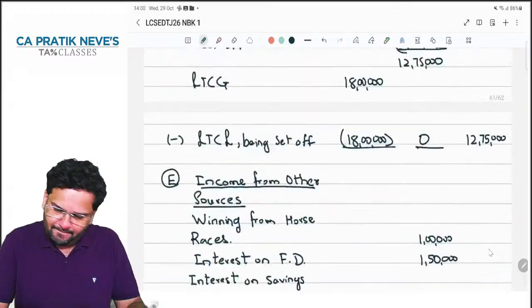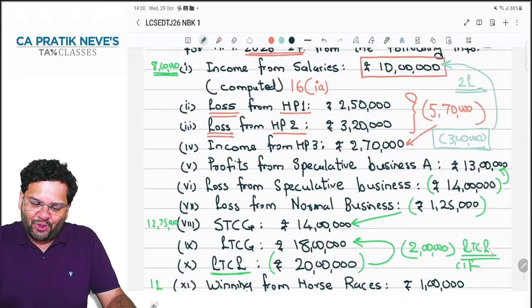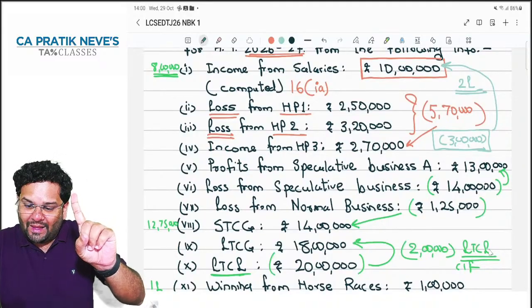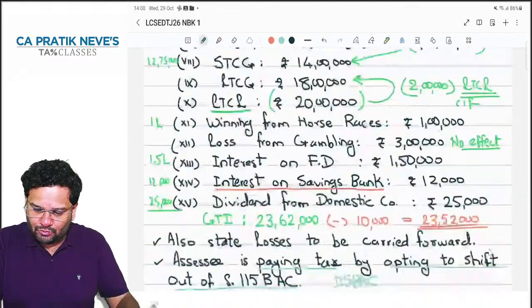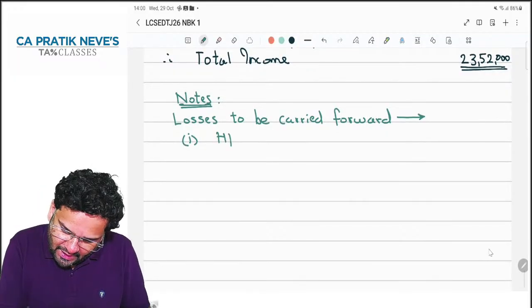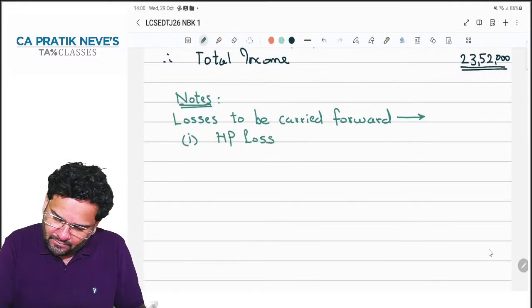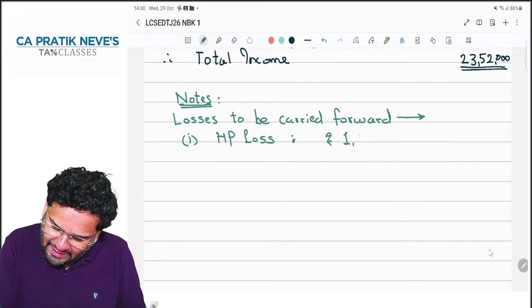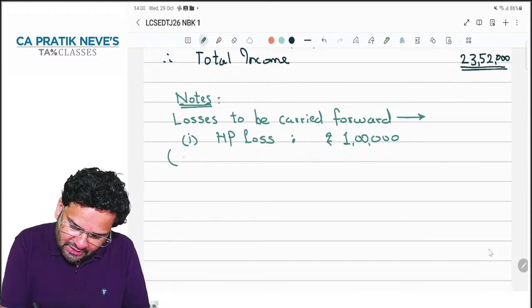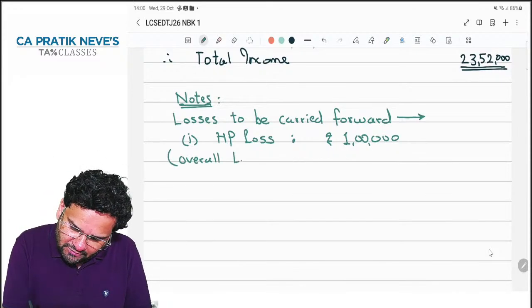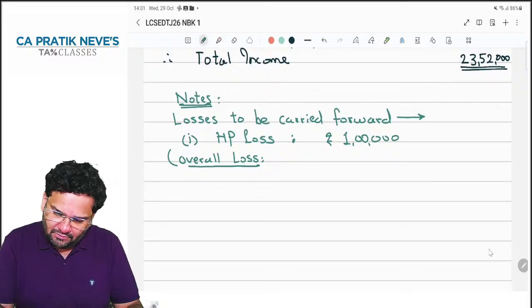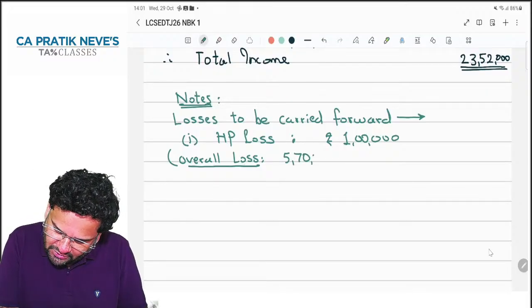Number one, we have decided what losses to carry forward. HP loss of rupees 1 lakh. How 1 lakh? I will tell you. Overall loss was 5,70,000.